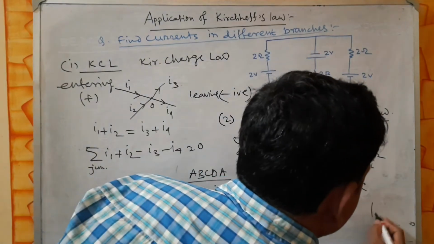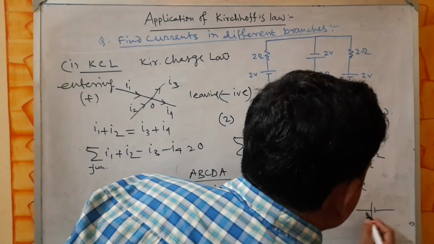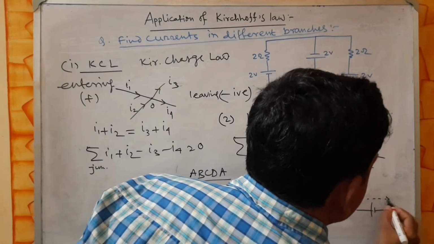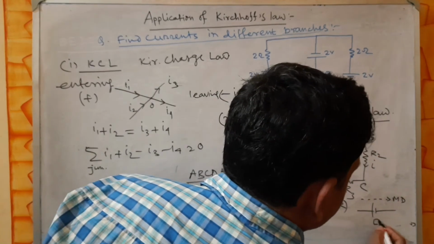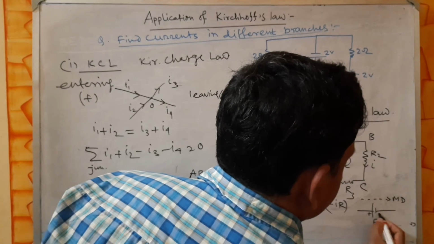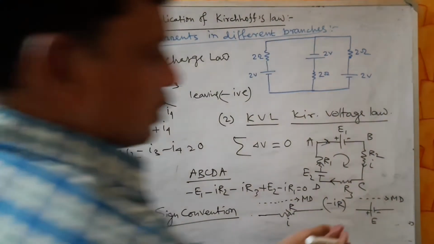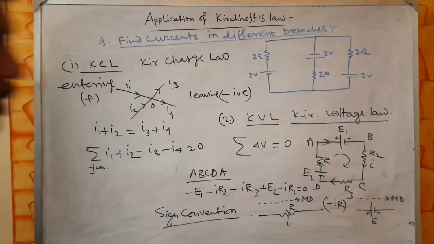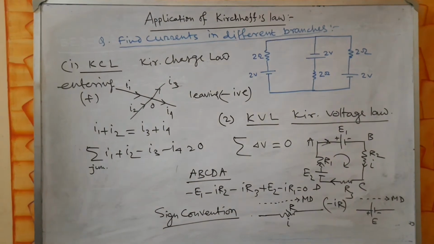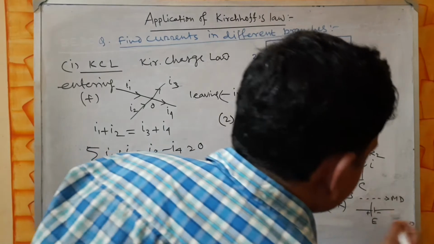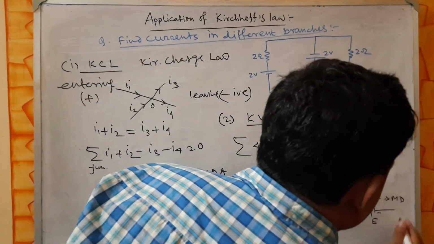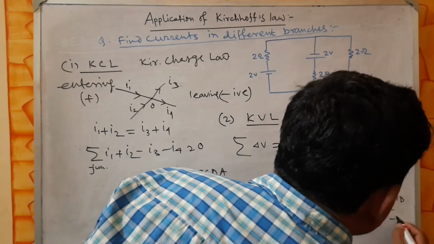In the battery EMF, if the mesh direction and the battery's plus to minus direction are the same, the potential drop is minus E.